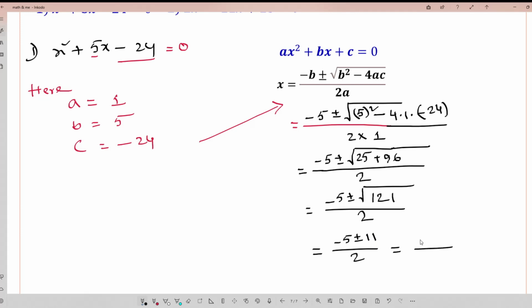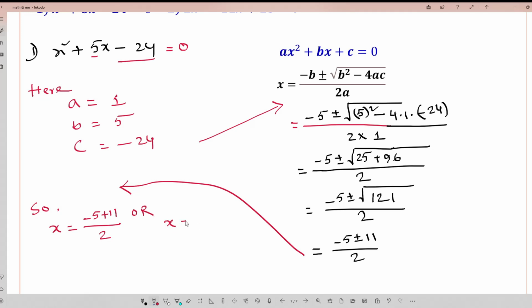So now we can write x is minus 5 plus 11 divided by 2, or x is minus 5 minus 11 divided by 2.